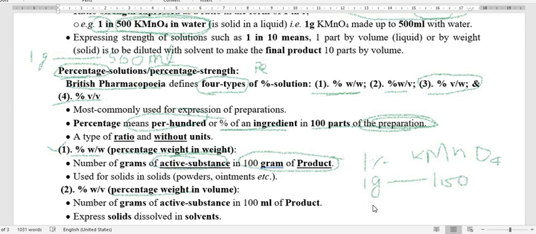It means 1 gram of KMnO4 is going to be mixed with 99 gram of the vehicle, and the final product becomes 100 gram. This is called weight by weight percent. In this we are expressing both in gram. Both the units should be the same. This is in gram, so this should also be in gram. So this is weight by weight.